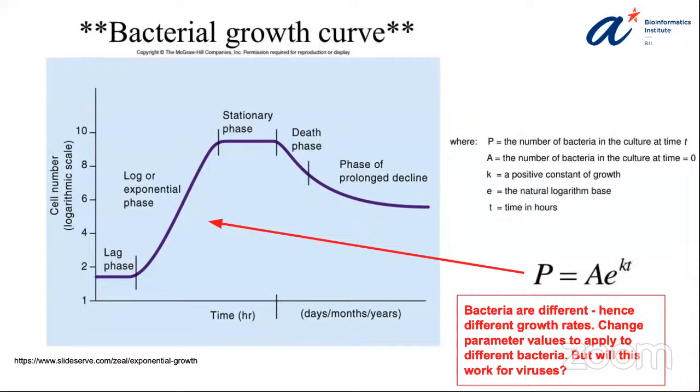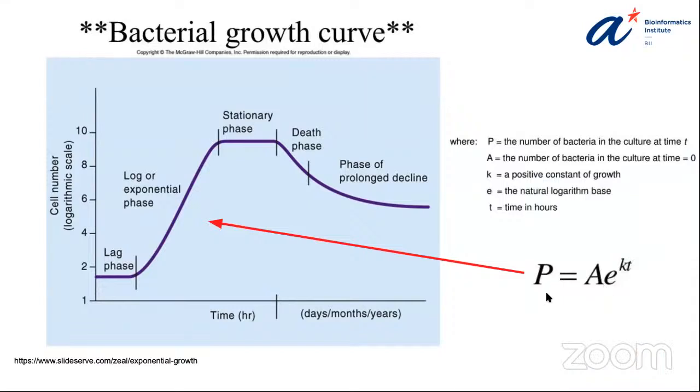So P actually represents the population of the bacteria. A is a constant. So basically, it is the number of bacteria when you start your experiment. Okay. e is the exponent. k and t are actually the positive constant of growth, and the time in hours.